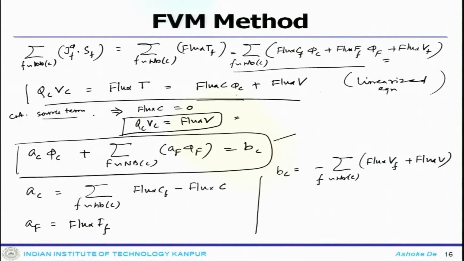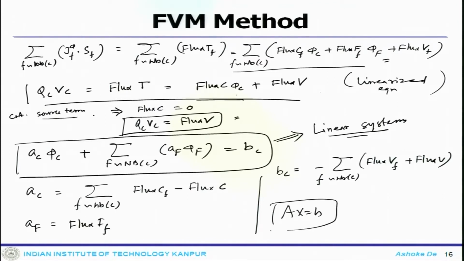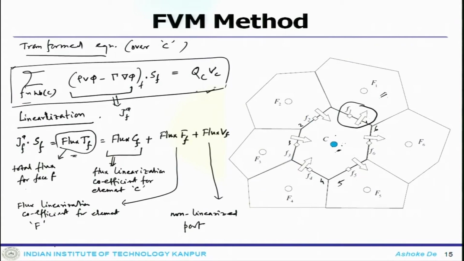So, if you put them together, this is nothing but your linear system, and if you put it in a matrix form, it is going to get you back X equals B. The thing is that over a particular element C, you integrate your equation.